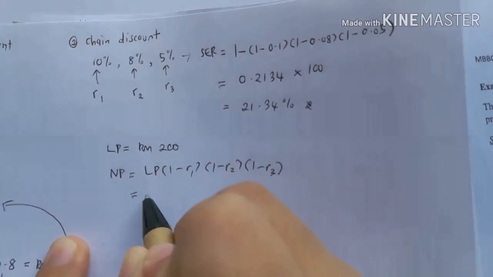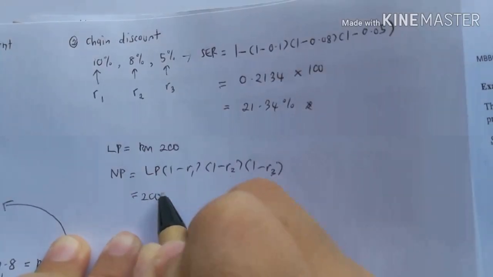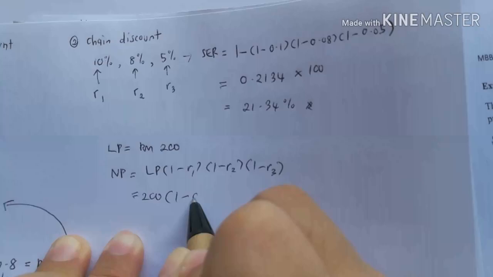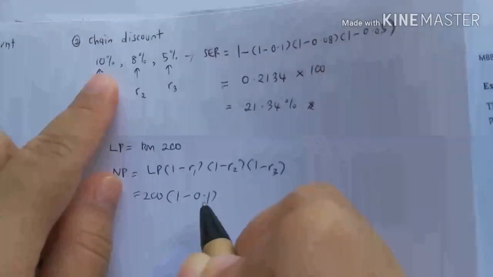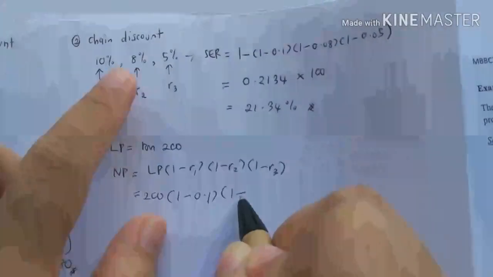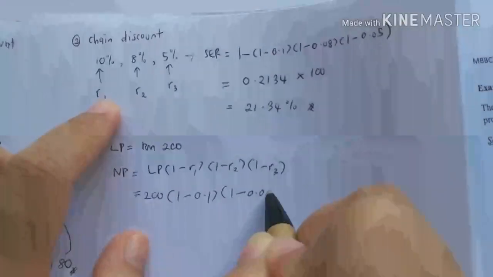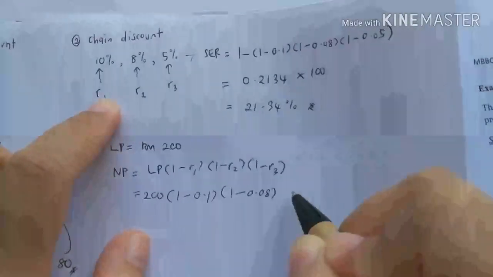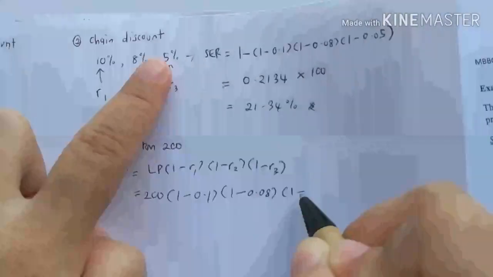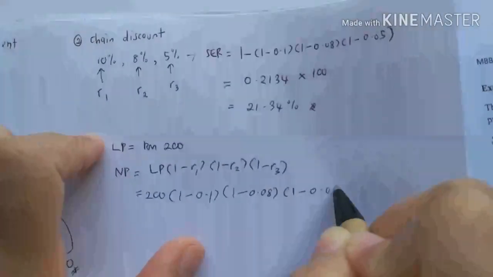So the list price is 200 times 1 minus 0.1, which is 10%. 1 minus R2, 8%, 0.08. And the third discount is 5%, 0.05.